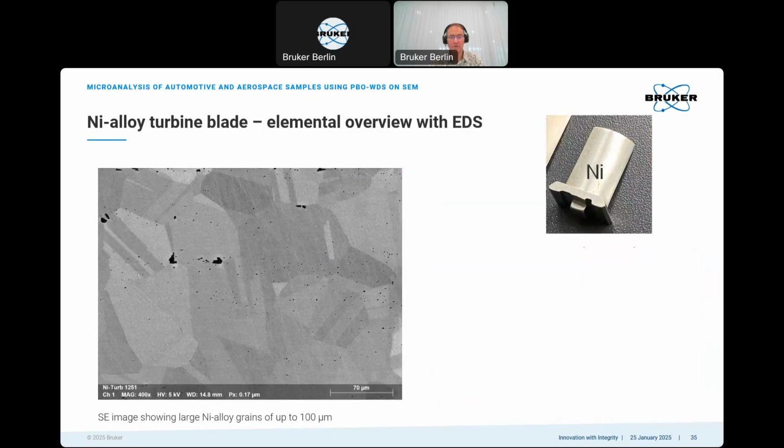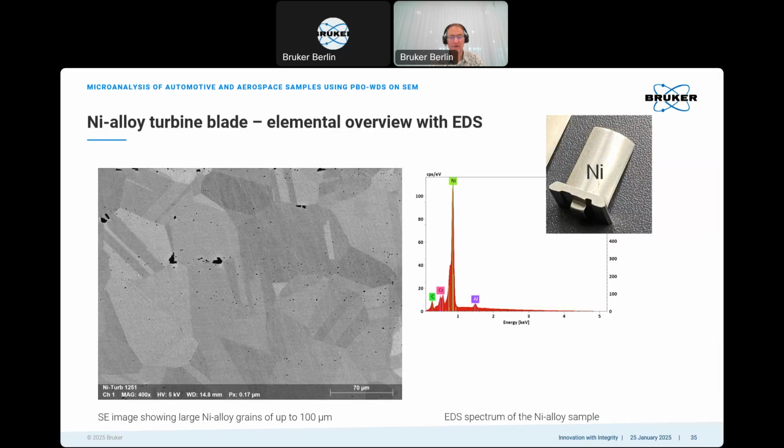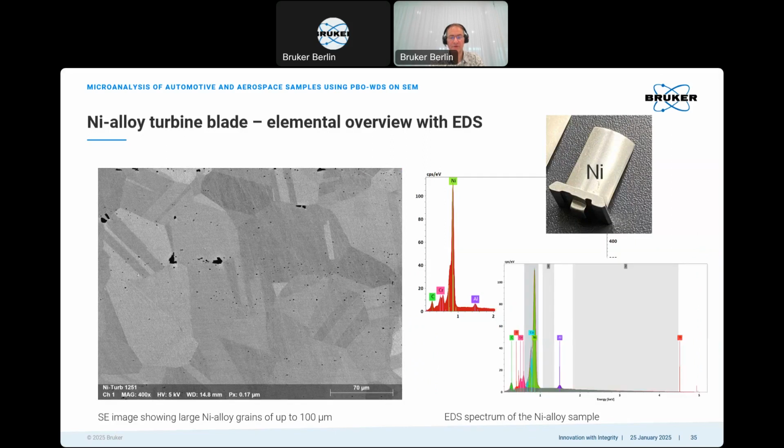We go on with the next type of turbine blades, the nickel alloy-based blades, and these consist, as we see here, of large grains of titanium alloy, so up to 100 micrometer in size. So it's mostly nickel, but containing also chromium and aluminum.